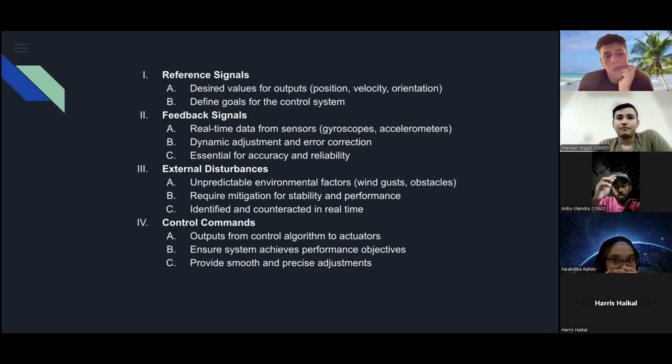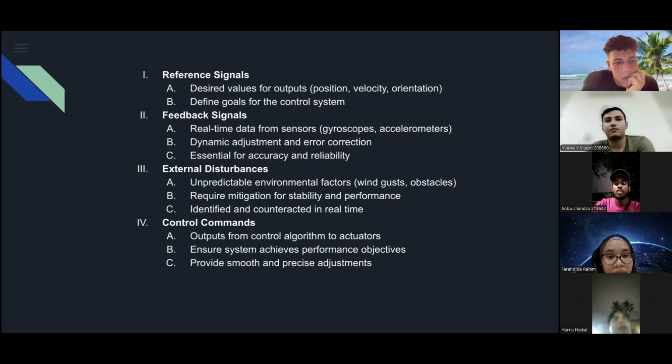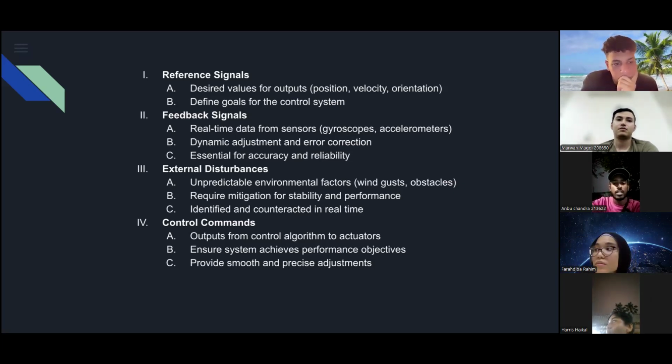Overall, the reference signal, feedback signal, external disturbance, and the control commands are critical inputs for an altitude control system. They work together to ensure the aircraft or the spacecraft maintains the desired altitude accurately and reliably despite any environmental changes that happen to the control system. That's all from me. Next slide.